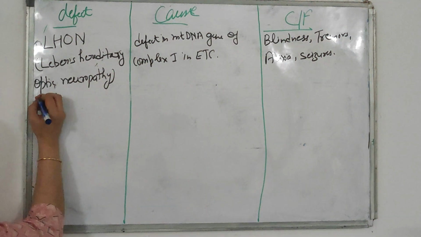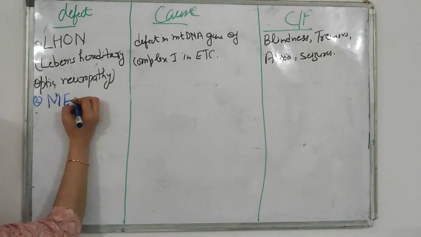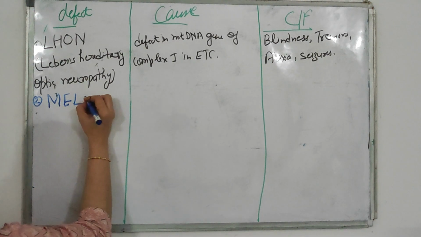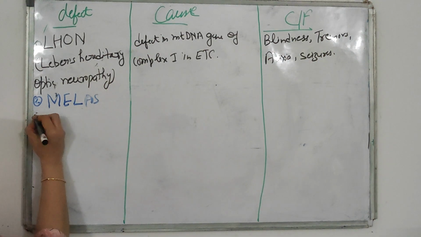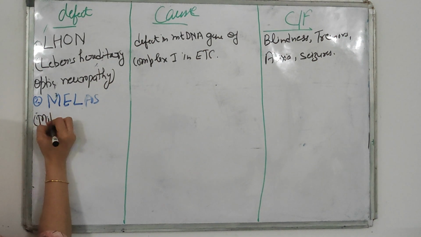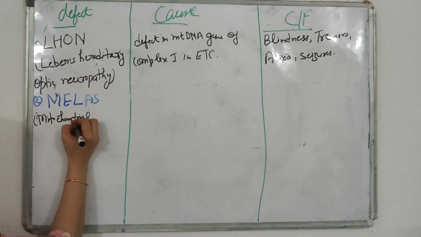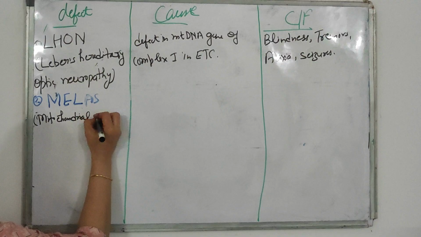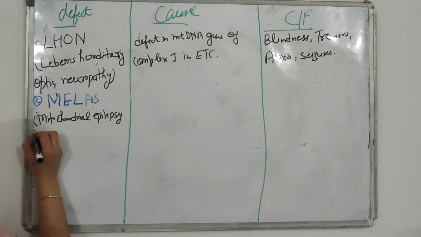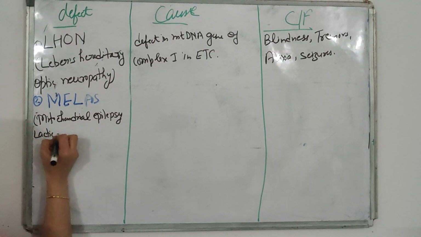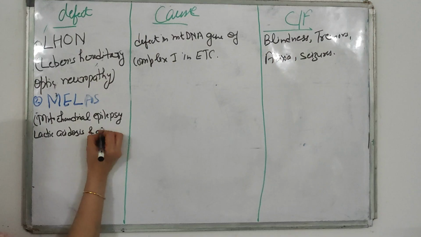Now comes the second disorder. Second is MELAS. What is the full form of it? Mitochondrial epilepsy, lactic acidosis and stroke.